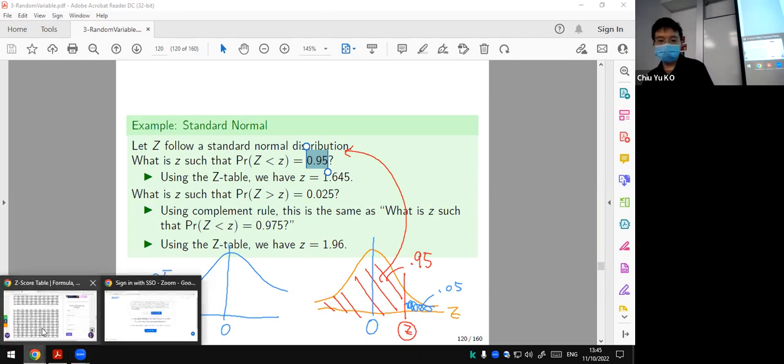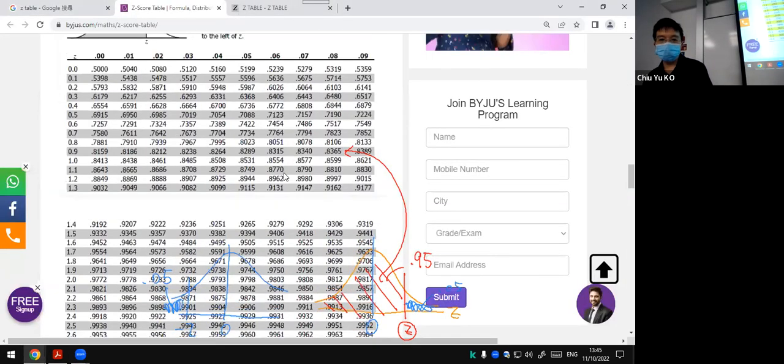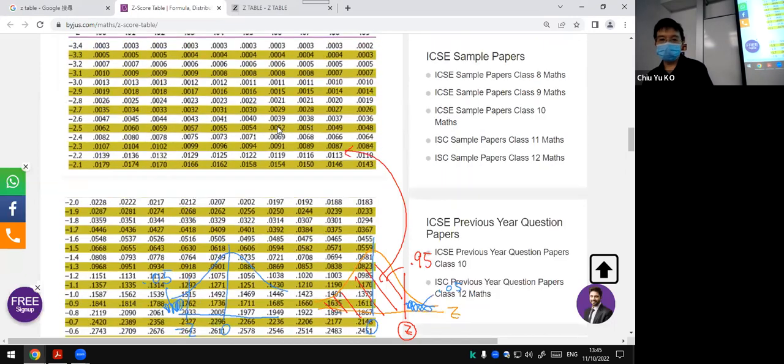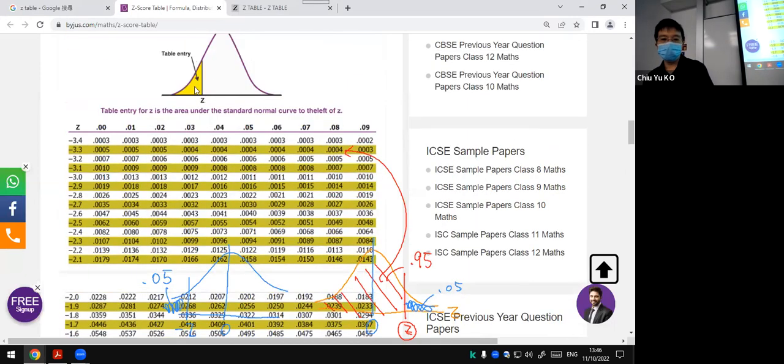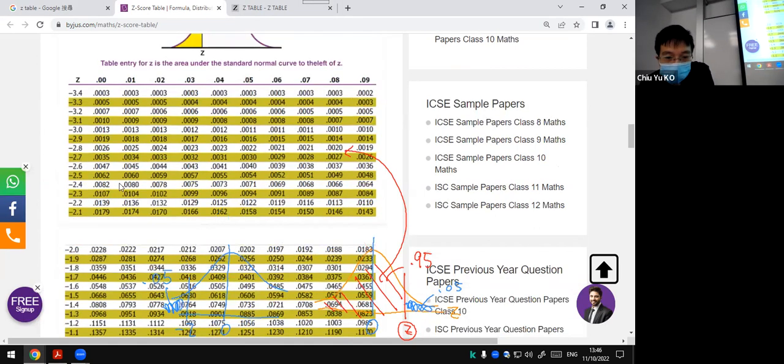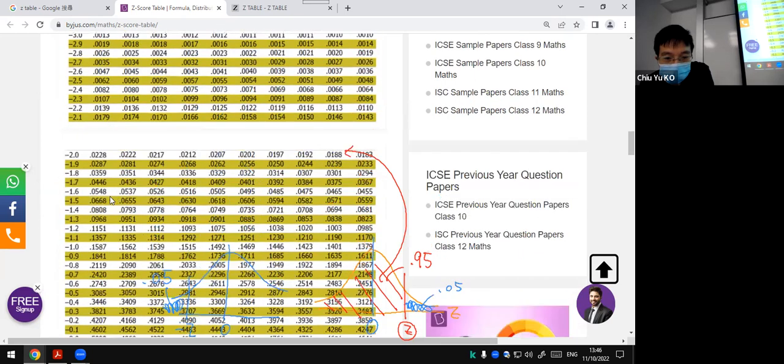Let's look at the table we use, the first one first. We're looking at the area entry, where the area is 0.05. Look around 0.05; this one is a little bit too small.